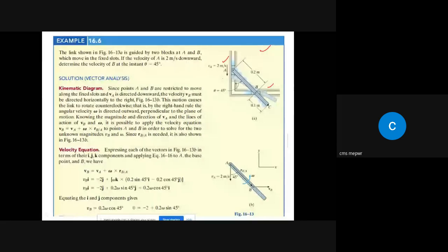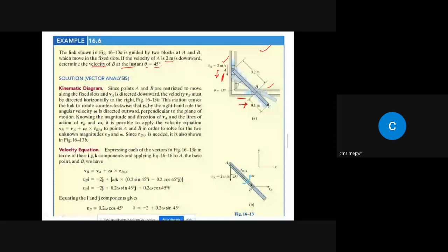This means this one can move up and down, and this one can move left and right. If the movement over here is downward, then the movement within this slot should be to the right side, meaning the movement of B should be on the right side. If the velocity of A is 2 meters per second downward, determine the velocity of B at the instant theta is equal to 45 degrees.